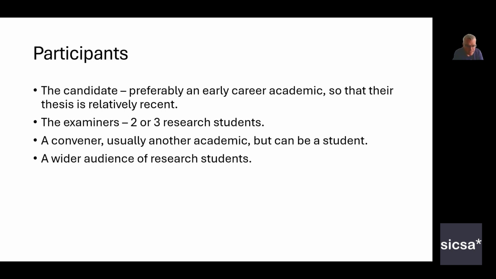We look for some examiners who are research students, such as yourselves, and we also have a convener in the group, and their role is to act as a neutral arbiter of the PhD Viva process. So they'll ensure that the examiners have opportunities to ask questions, the candidate has an opportunity to answer, and can also ask for clarification of questions if they're unsure what is being looked for, and also that the candidate has a fair opportunity to present their work.